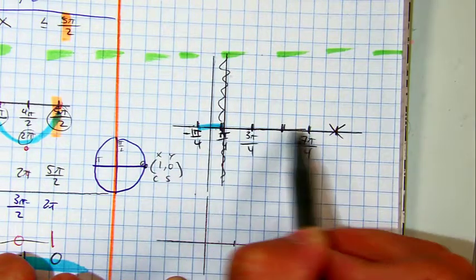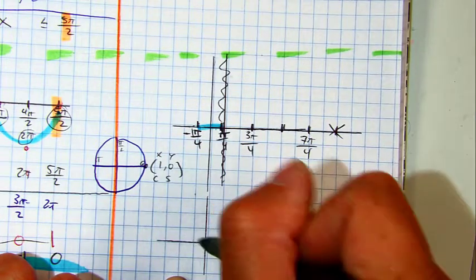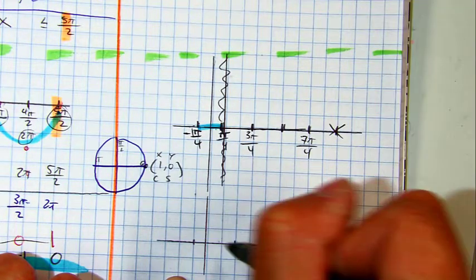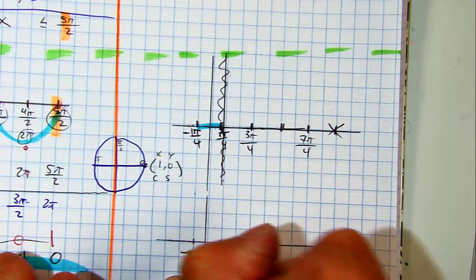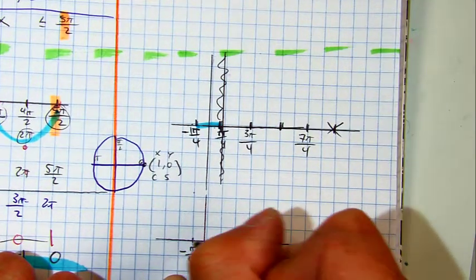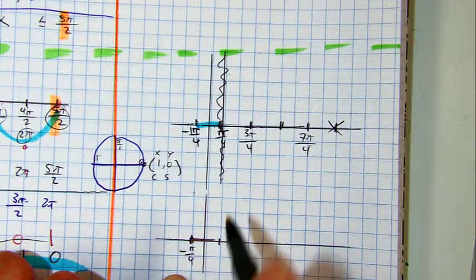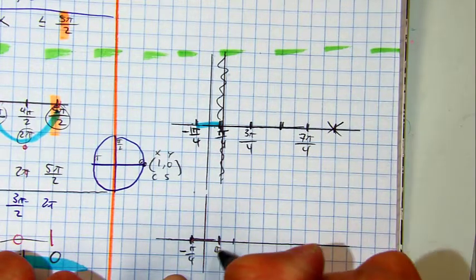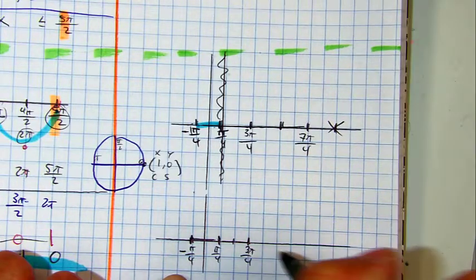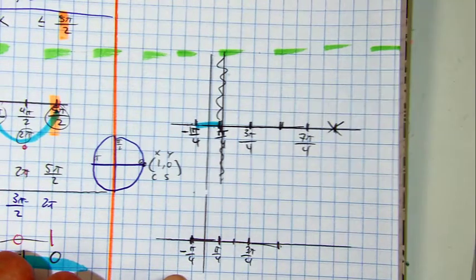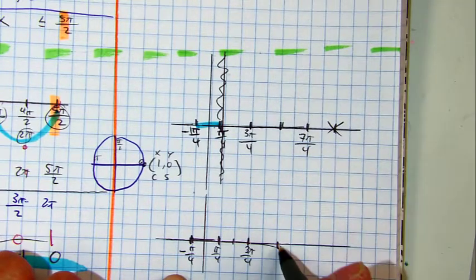3, 4. Oh, that was right. So this is negative pi over 4. So I'm skipping every 2 boxes, right? So pi over 4, skip 2, 3 pi over 4, skip 2, and then skip 2.